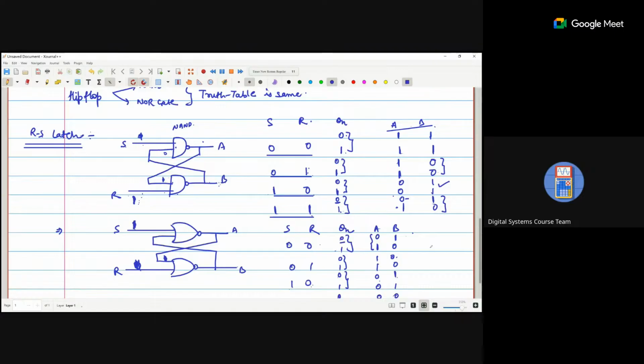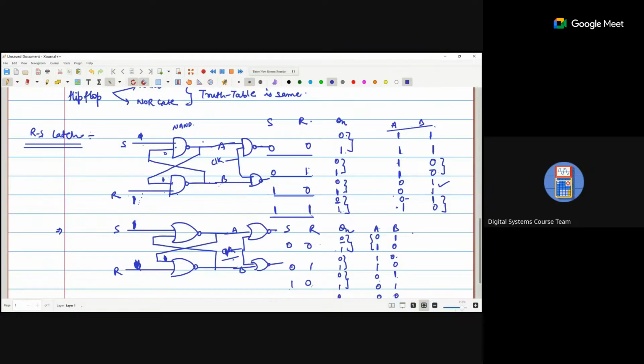So we use one more NAND gate, and that will be controlled with the clock. Or we can use one NOR gate here, and that will be controlled with the clock.